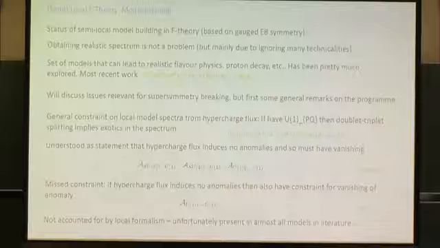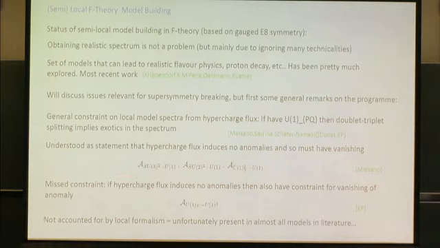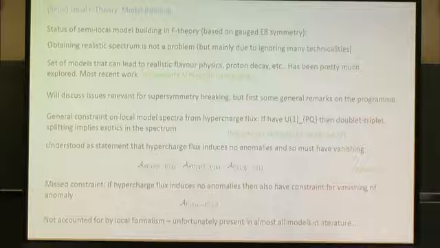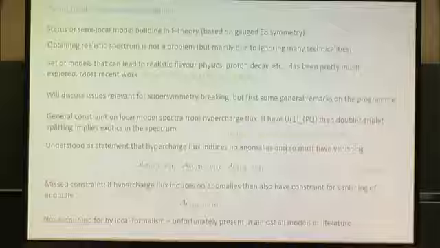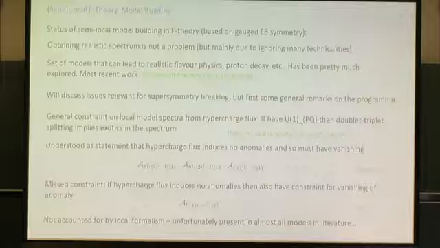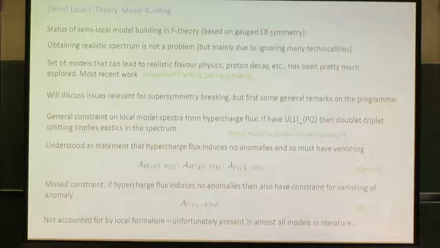However, much later, after a number of years of semi-local model building, it was realized that there is actually a constraint that has been missed, and that is that there is also this anomaly which involves hypercharge flux and U(1)s. It's a slightly strange anomaly because before the GUT breaking, it's an SU(5) U(1) anomaly, which of course vanishes automatically because it's a non-abelian GUT group.